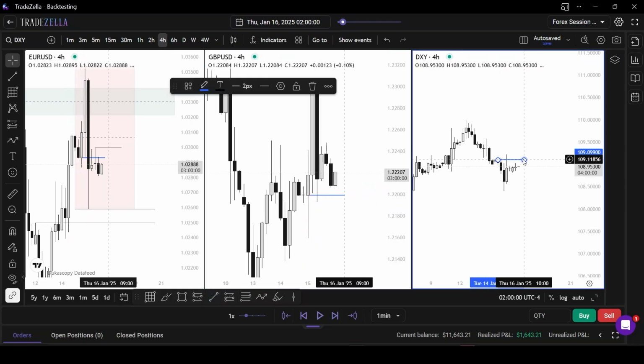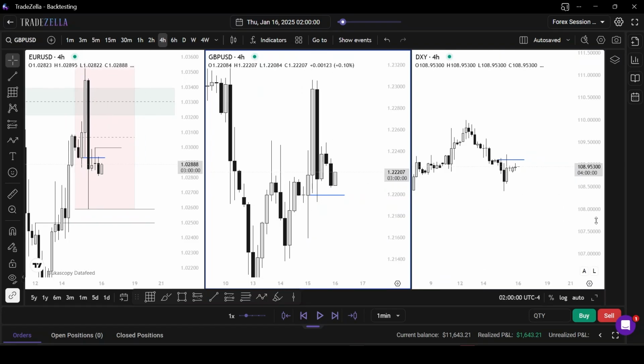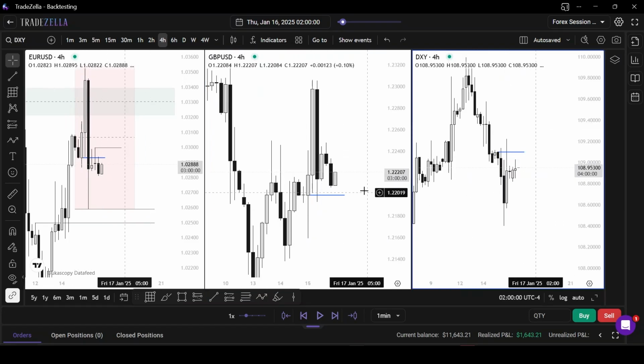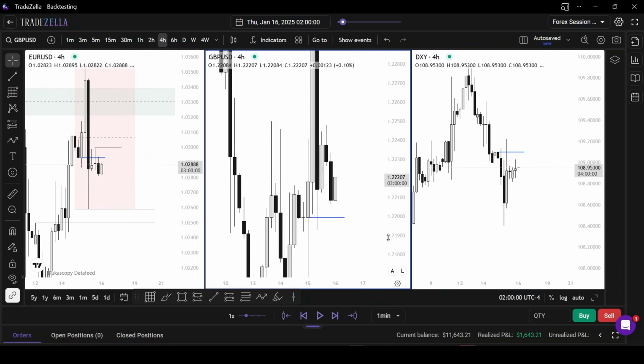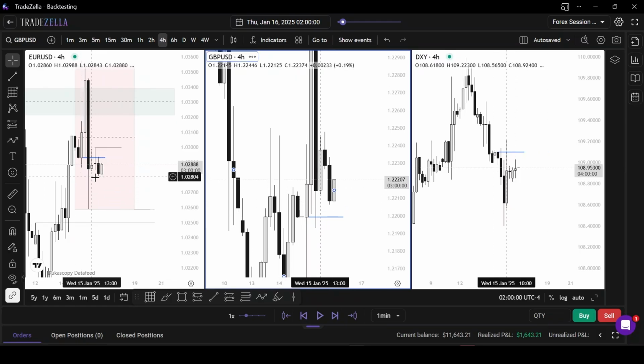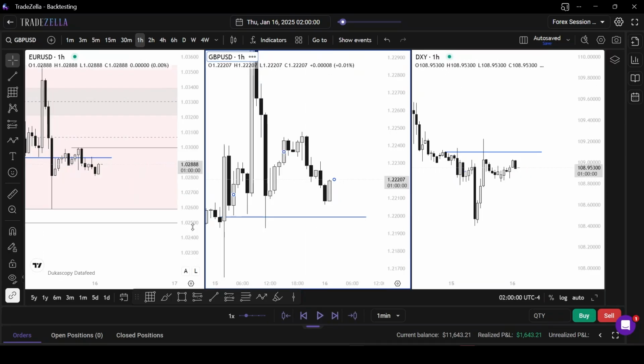There is no change in state of delivery here with GBP USD, and also there is no change in state of delivery with DXY. And we are trading a C4 on GBP USD, and on the Euro USD C4, also on DXY C4. So let's see how this forms.